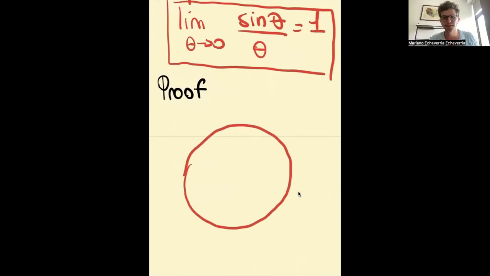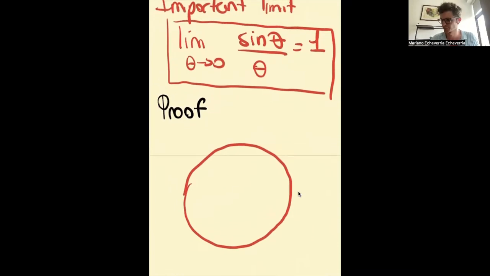I'm going to draw the unit circle. Let's say this is an angle theta. So this is going to be the unit circle.